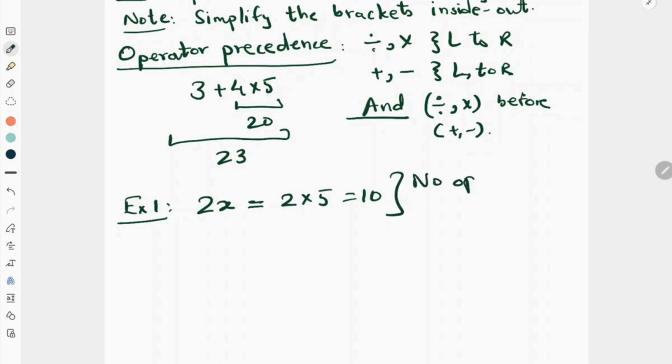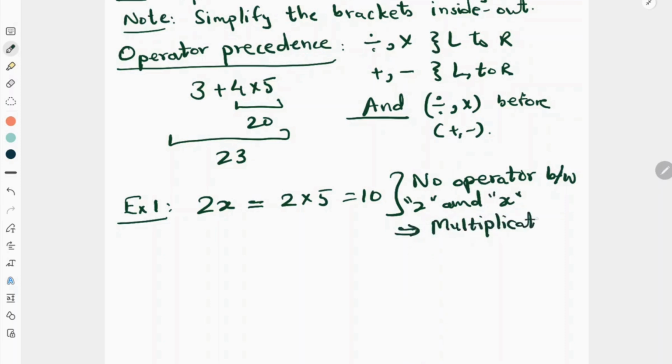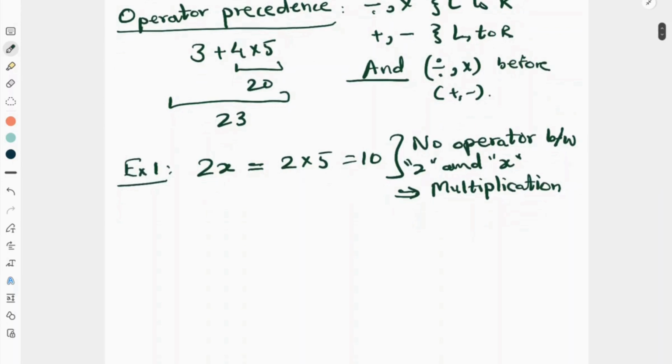No operator between this 2 and x implies there is a multiplication. Multiplication is a special operator. If there is no operator specified between two constants, or two variables, or a constant and a variable, then it is always multiplication.